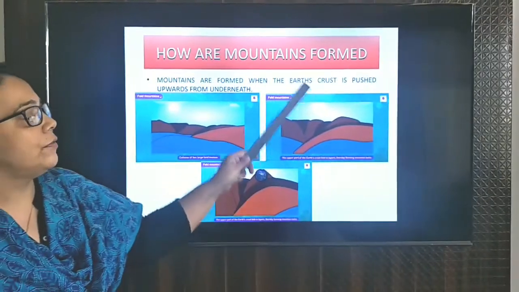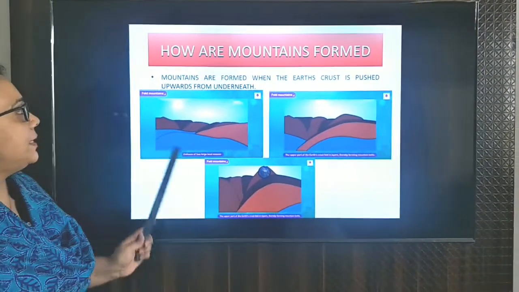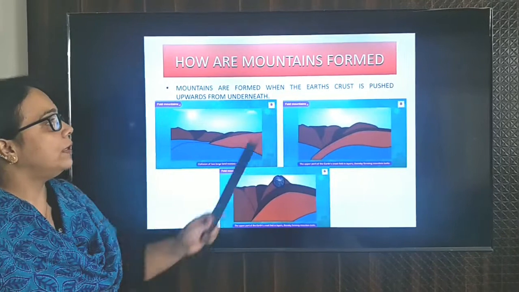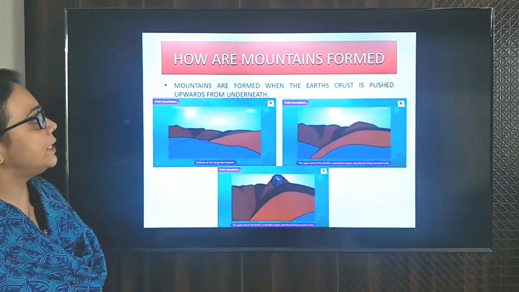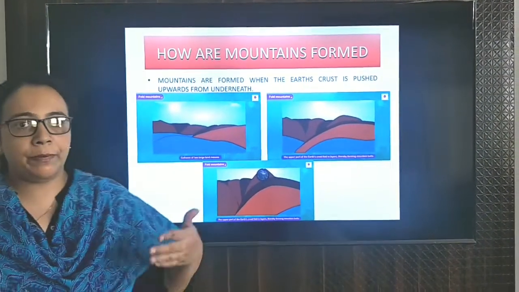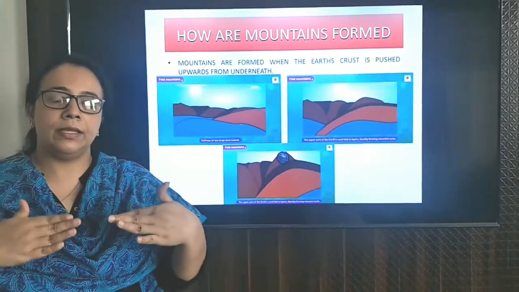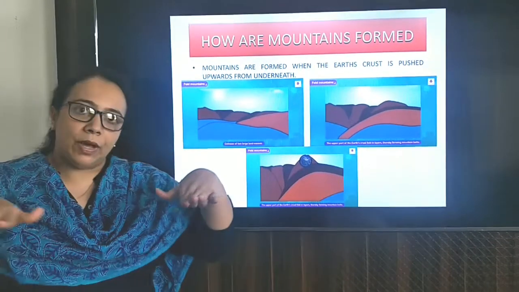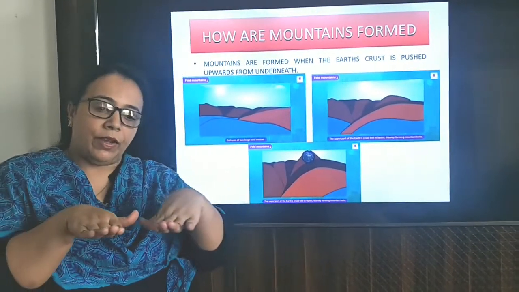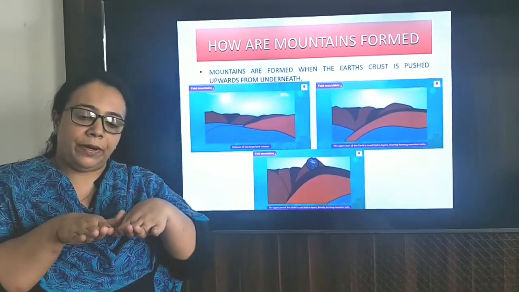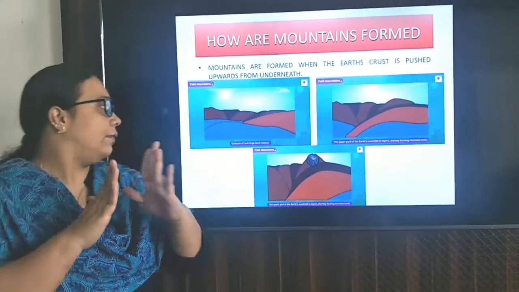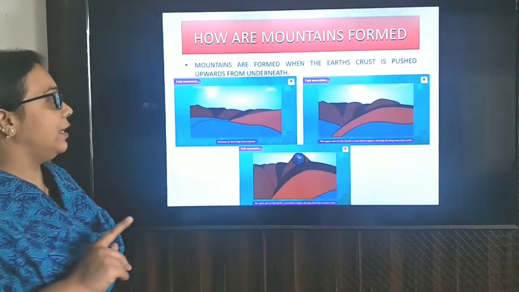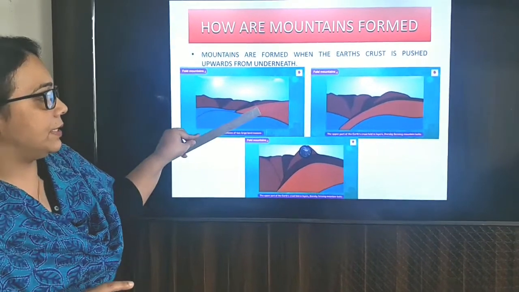How are mountains formed? Basically, mountains are formed when the Earth's crust is pushed upwards from underneath due to the pressure inside the plates of the Earth. What happens? When two land masses collide, due to the pressure, the land rises upwards.